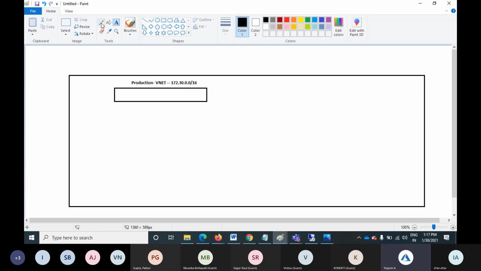And that particular VNet you have segregated with multiple subnets.